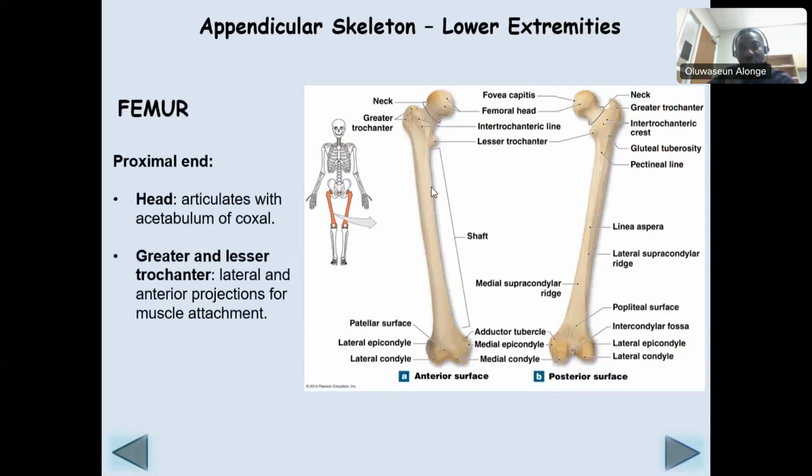All right, so looking at the femur, there are 2 of them, right? 1 per bone. On the femur, there's a head, which is what articulates with the acetabulum of the hip bone, and it makes the joint that we call the acetabulofemoral joint, meaning acetabulum and femur.